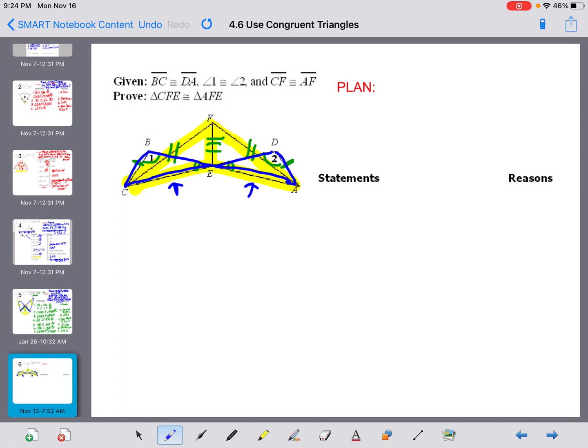Okay, so we're starting in the blue triangles, right? So our plan, we're going to prove my blue triangle at the left, I'm going to call it CBE, congruent to triangle ADE, and the reason is angle, angle, side.